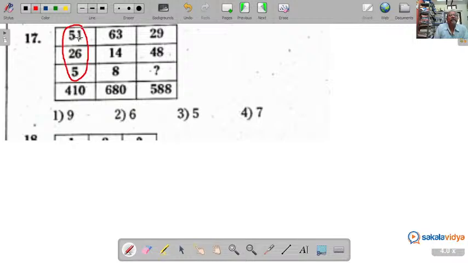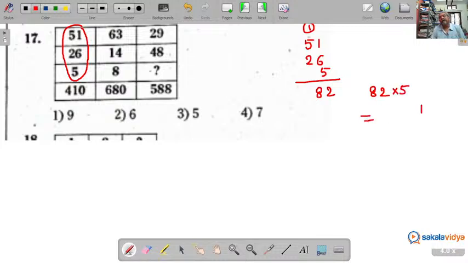Let us see what we get. 51 plus 26 plus 5. 6 plus 5 is 11, 12. This will be 5 plus 2, 7, plus 82. Now, in order to get 0 here, it should be multiplied with 5. Yes, we are getting the same pattern.